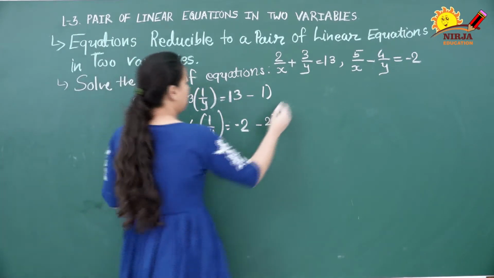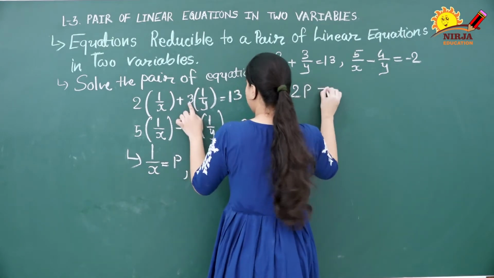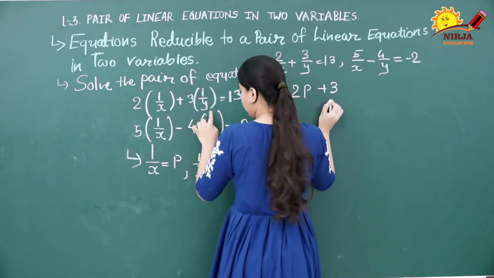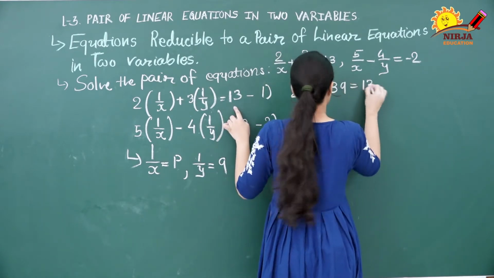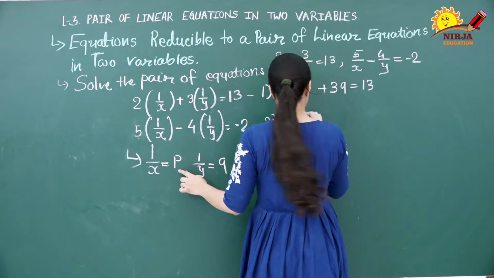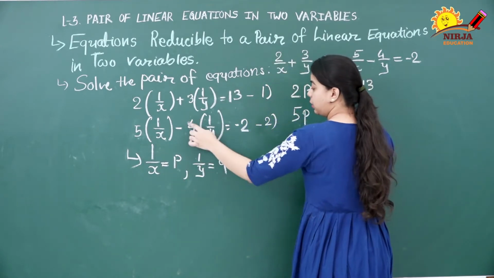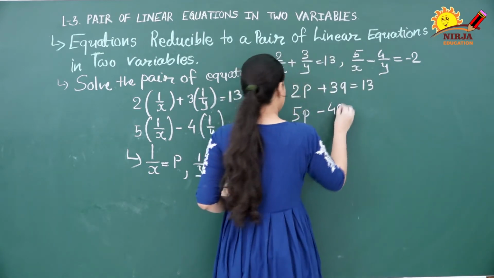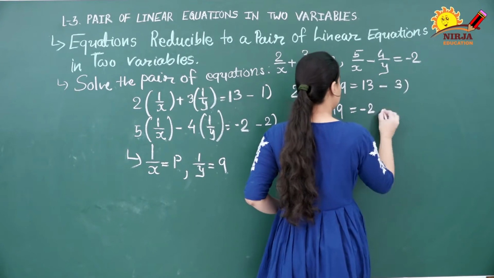Let's do it. 2 into 1 upon x, that means p, plus 3 into 1 upon y, that means q, is equal to 13. Second one, 5 into 1 upon x, that means 5p, minus 4 into 1 upon y, that means 4q, is equal to minus 2. Let's consider these as equation 3 and equation 4.